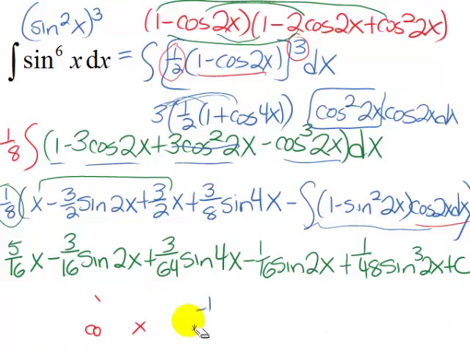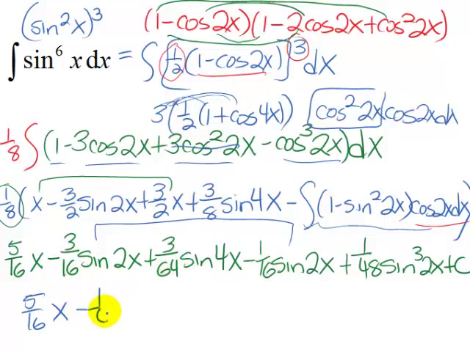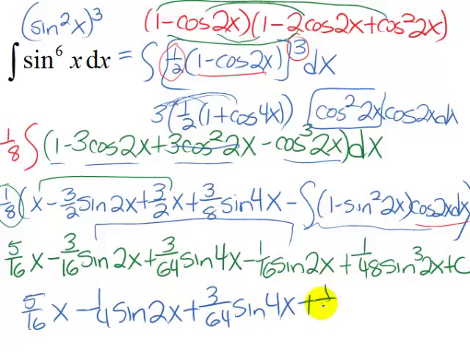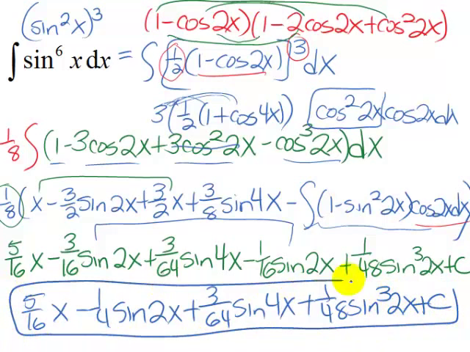And our final answer will be what we have here above, but we can combine these like terms. So it looks like we have 5/16 x, and this would be minus 4/16, so minus 1/4 sine 2x plus 3/64 sine 4x plus 1/48 sine cubed 2x plus a constant.